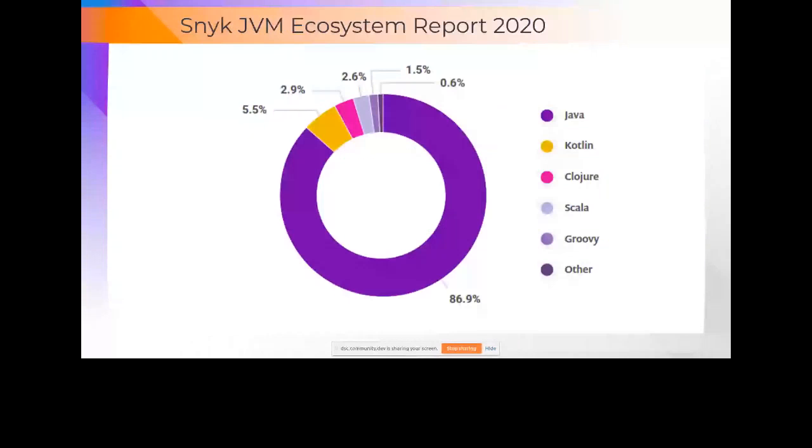A couple of years ago Java started to use a new release cadence, so they release a new version every 6 months. They introduced this because they wanted to speed up the evolution of the language and add new features faster. Now I think they are at version 15 and 16 is coming, but the ecosystem is still stuck on Java 8. 60% of the Java ecosystem, especially in the industry, is still using Java 8. So you have to cope with Java 8, and this is mainly why I compared the Kotlin code with Java 8 code.